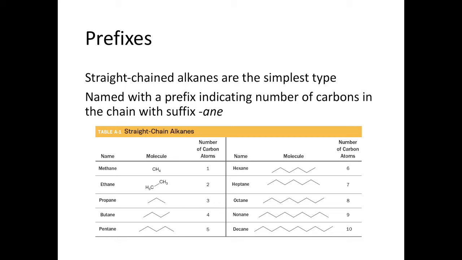So in this table, I'm showing the carbon chains from 1 to 10 carbons, and this will be the extent of what you have to memorize as far as naming alkanes. So there's some common ones that you've probably seen before, like butane or octane. Some of these roots come from Greek, and some of them just are like the Latin number roots, like hex and hept and oct. So they shouldn't be too hard to remember.